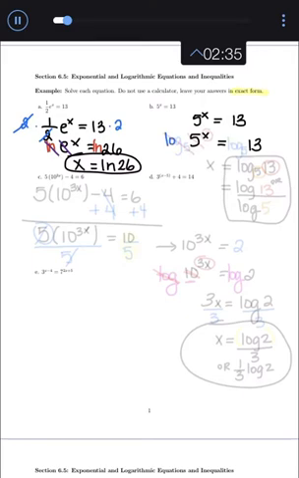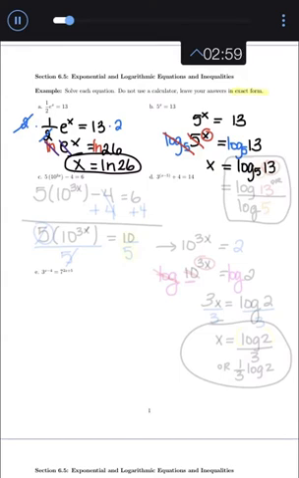So I'm going to use a logarithm with a base of 5 as well. If I do it to one side, I've got to do it to whatever's on the other side, a log base 5 of 13. That will get rid of my log base 5 with my exponential base 5, leaving me with just the x on the left-hand side. That gives me an answer of log base 5 of 13.